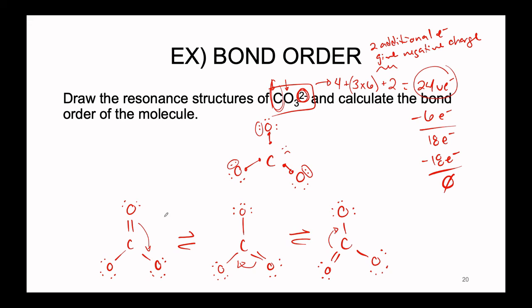Oh, and before I forget, the last thing we're actually missing on this structure, because this is a polyatomic ion, is to make sure, just as there is a -2 charge on the chemical formula, we have a -2 charge on our structure as well. All right, so in combination then, these three structures are the three resonance structures for the carbonate ion.